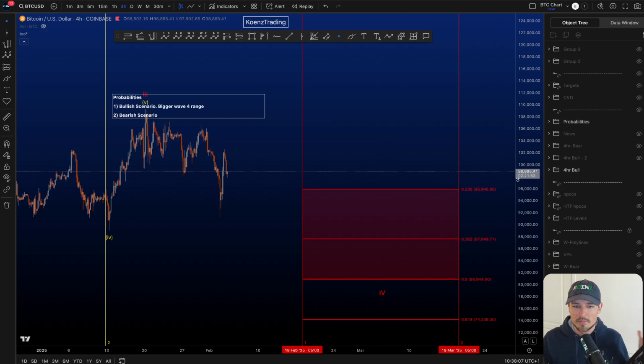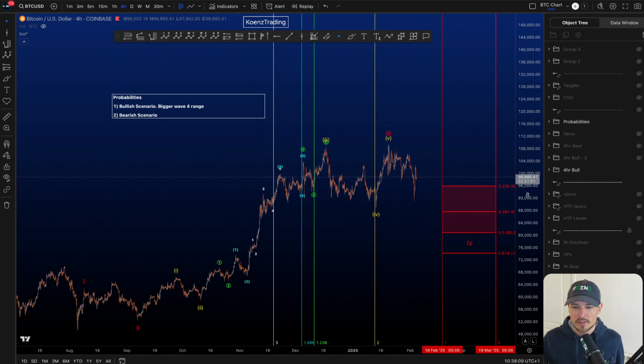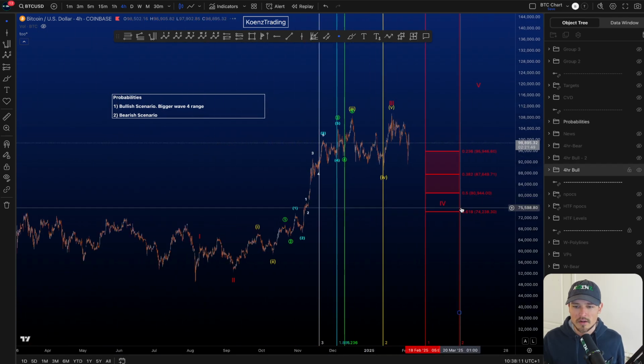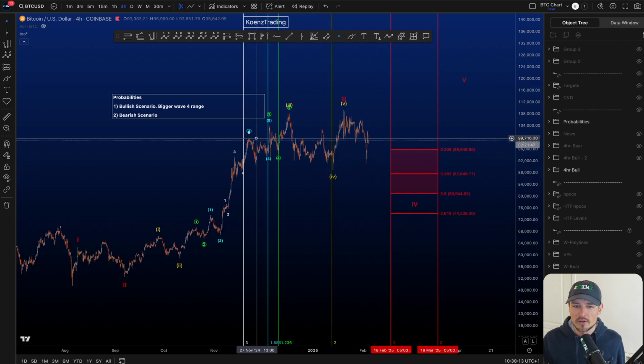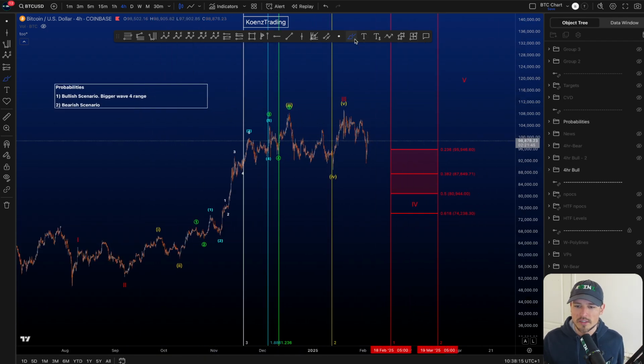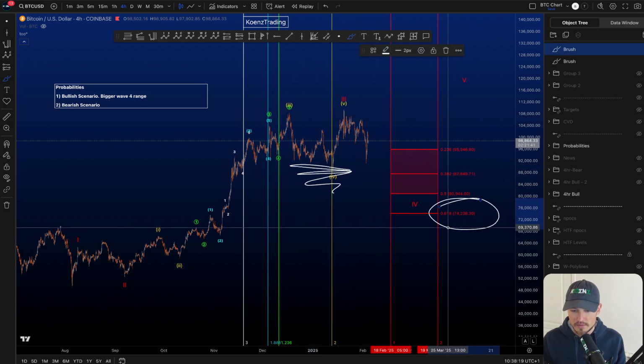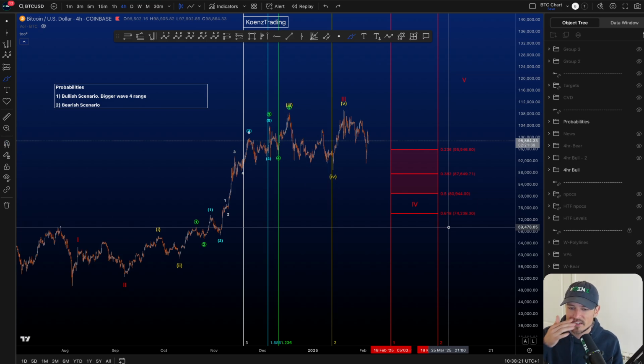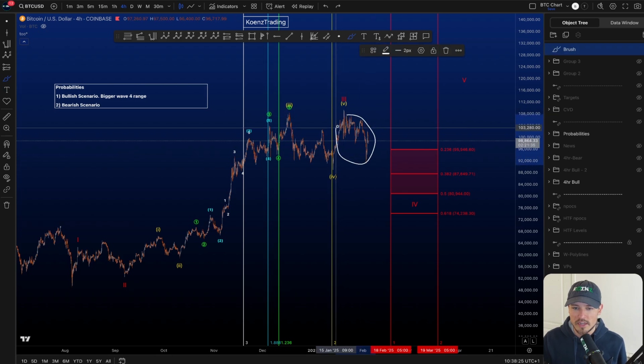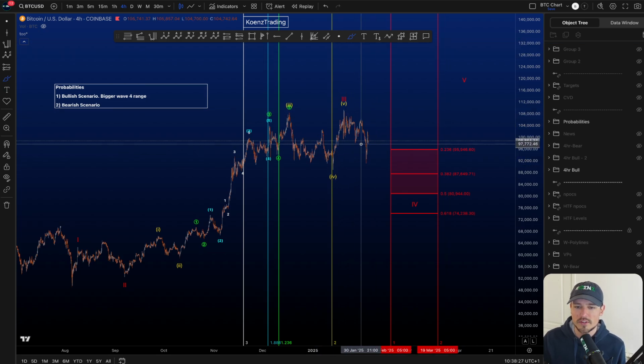And if we then look at the probabilities, here they are on my chart. Probabilities are higher for the bullish scenario until proven otherwise, which basically means moving far below this low here, and 74.2K is really the invalidation for your wave 4. Probabilities are higher that this structure down here is corrective, not impulsive.